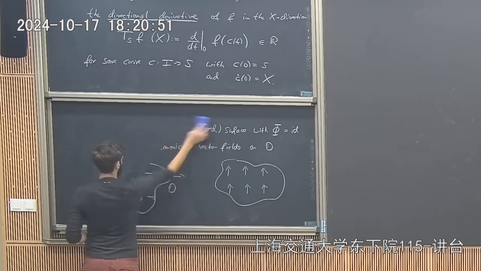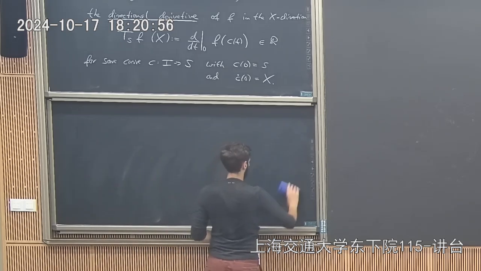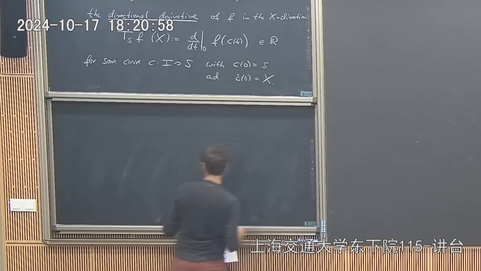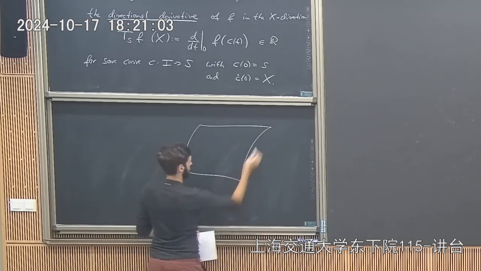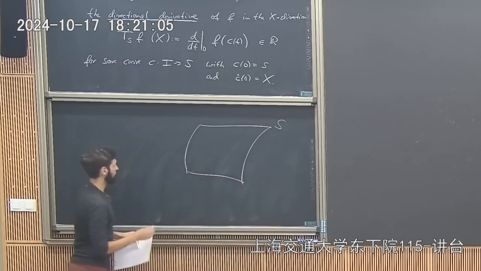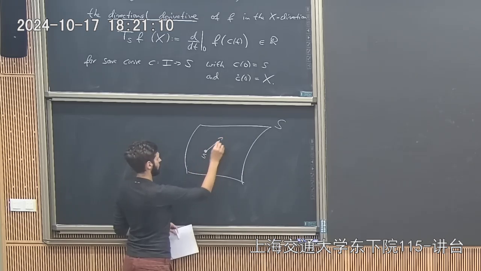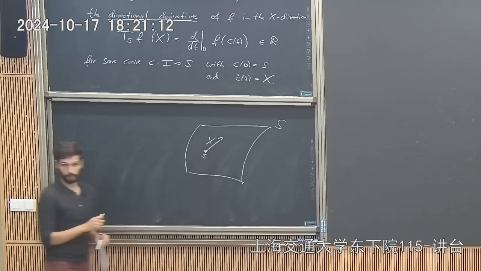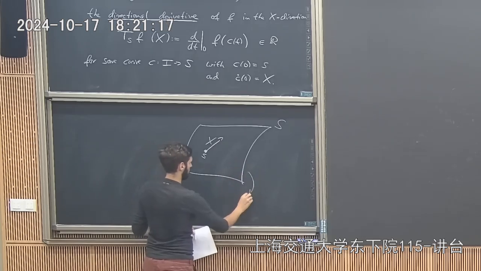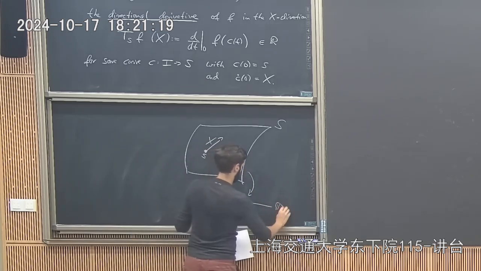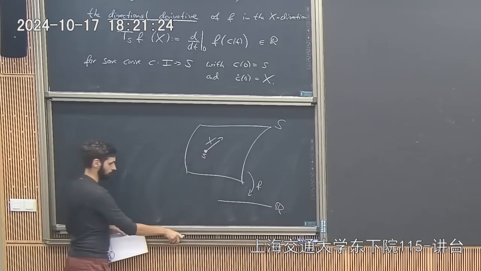Let's have a look at the picture. We have a certain surface. We fix one point here and give ourselves a certain tangent vector at that point. And then we have a function that maps the points on our surface to the real numbers.